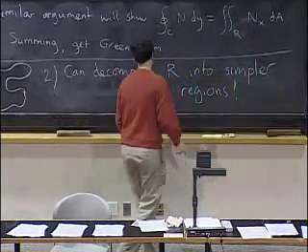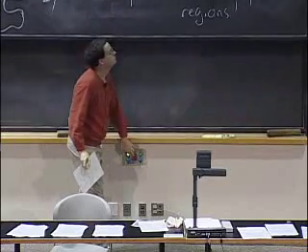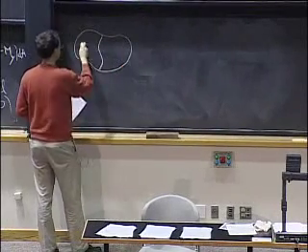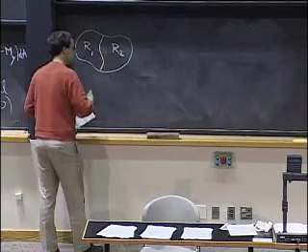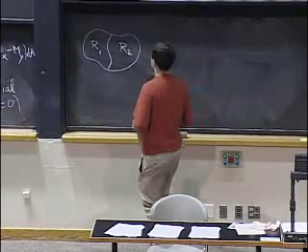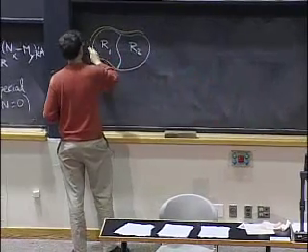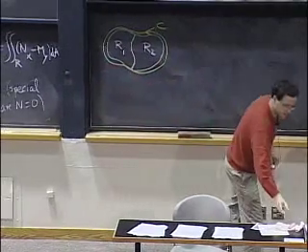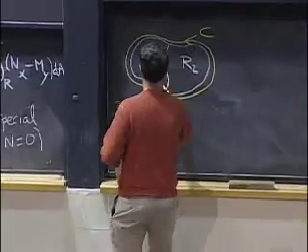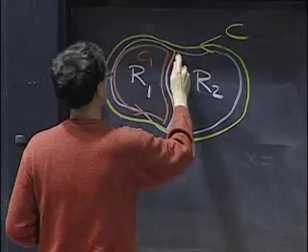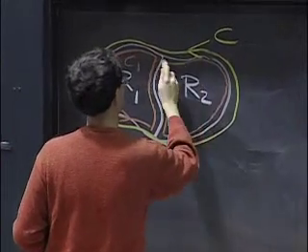So what do I mean by that? Well, let's say that I have a region, and I'm going to cut it into two. So I will have R1 and R2. And then, of course, I need to have the curves that go around them. So my initial curve C was going around everybody, and I have curves C1 that goes around R1, and C2 goes around R2.